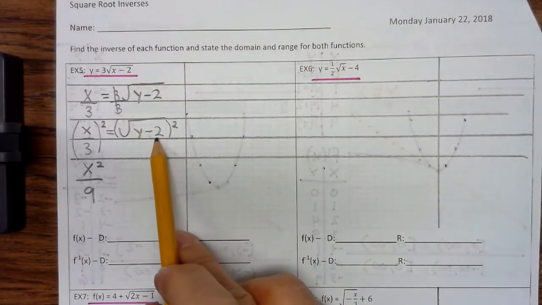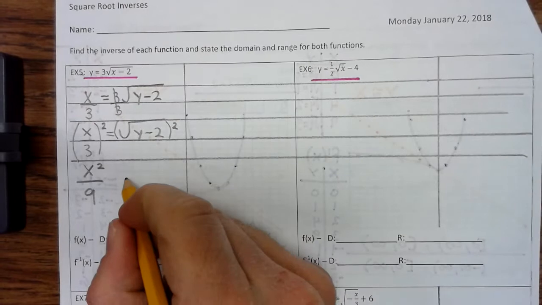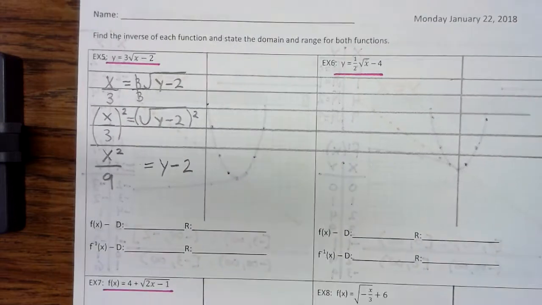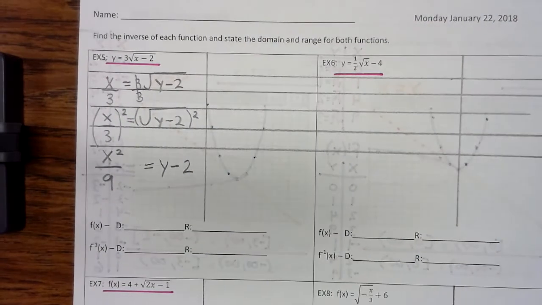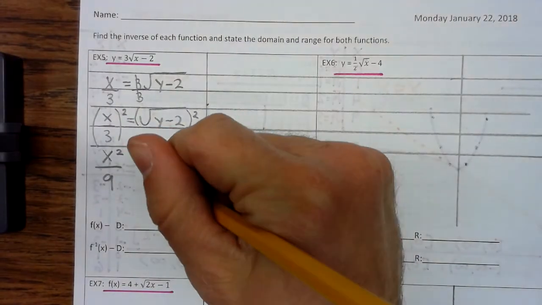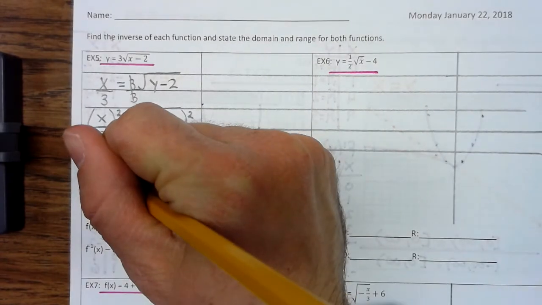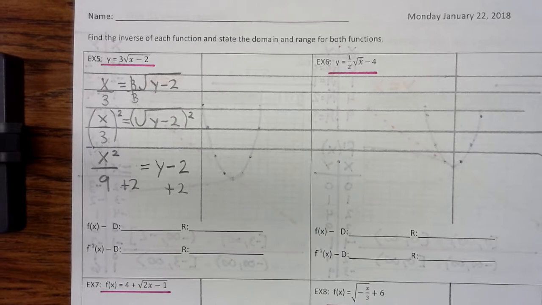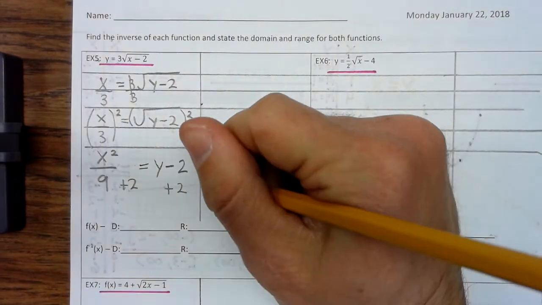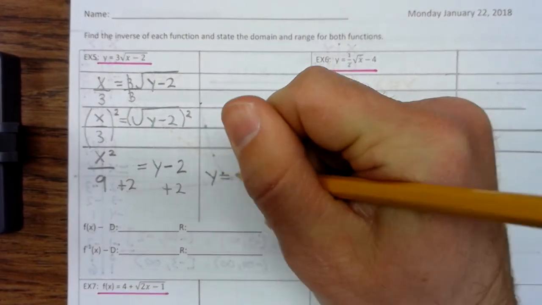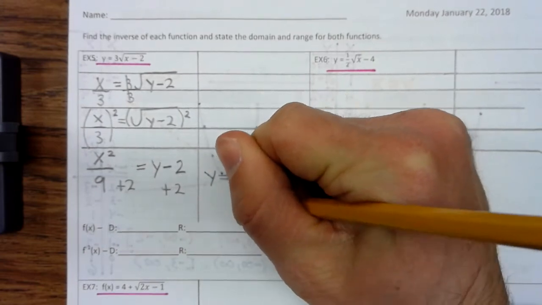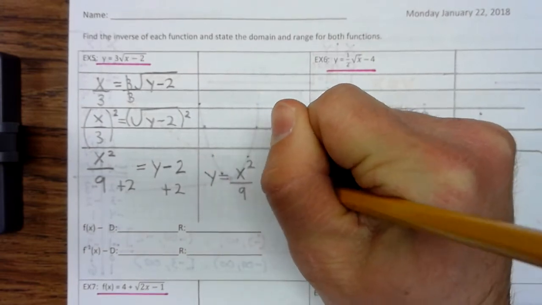We know we're going to add 2 eventually to both sides, so we're actually going to leave some space here. Okay, so then this becomes the power of 1 y minus 2. So then the last step is we're going to add 2 to both sides. So we can say that y equals x squared divided by 9 plus 2.